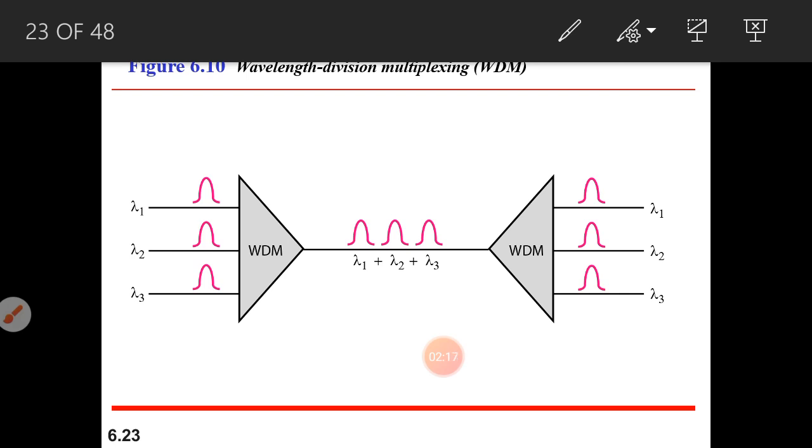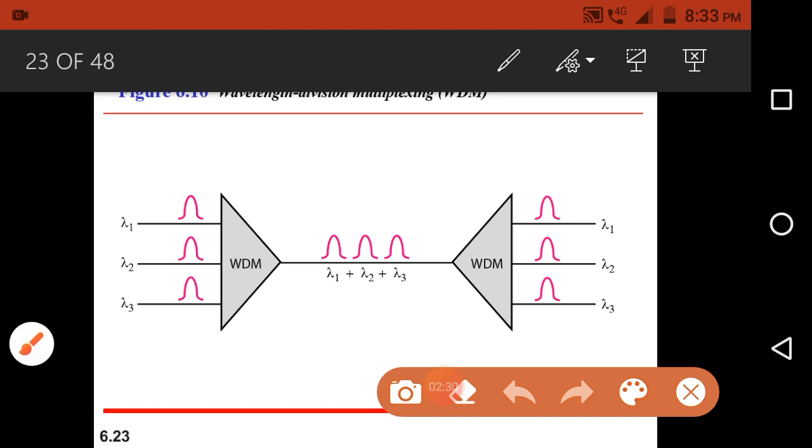There are three input signals, given as lambda 1, lambda 2, lambda 3, which indicate the wavelength of each input signal. Using wavelength division multiplexing, that is WDM, we combine these optical signals of different wavelengths. The combined signal is transmitted over the link, and at the receiver side the demultiplexer separates the optical signals into their respective wavelengths and delivers them to the respective receivers.